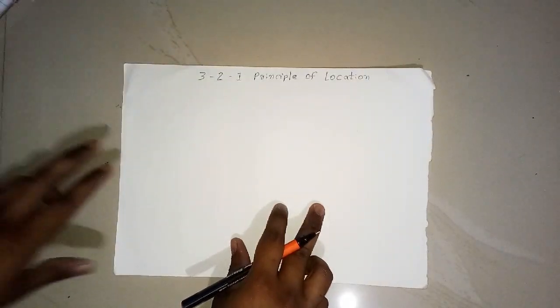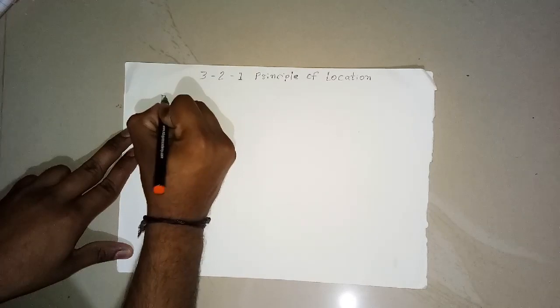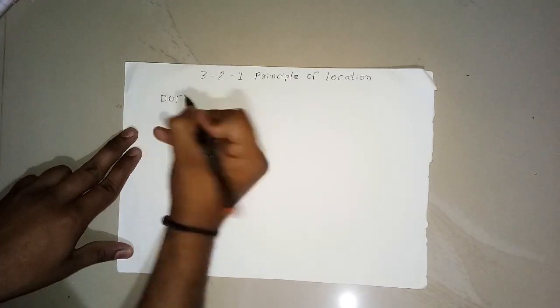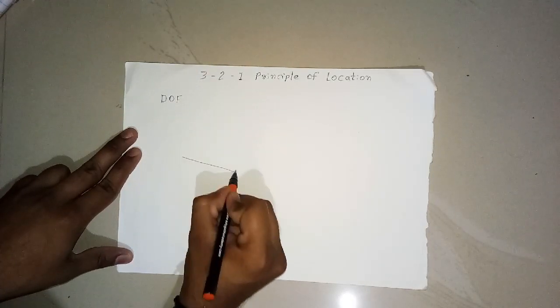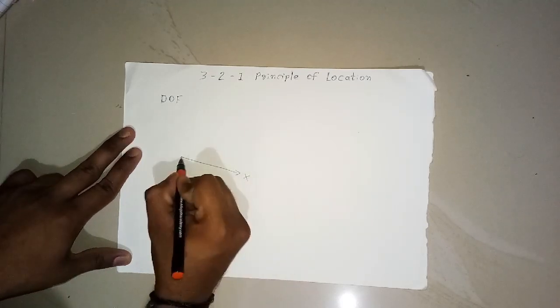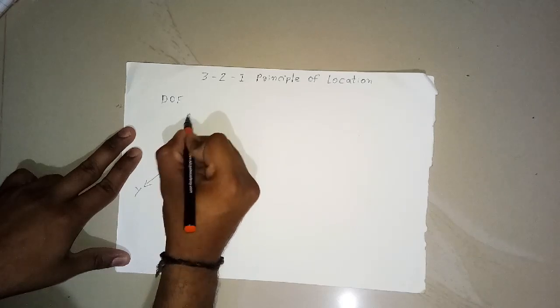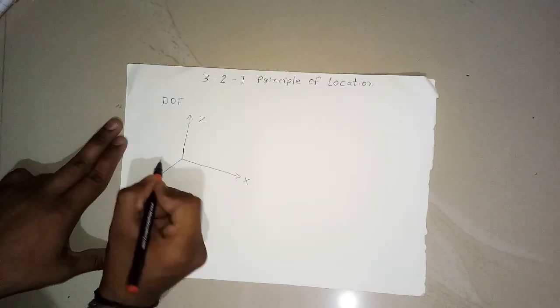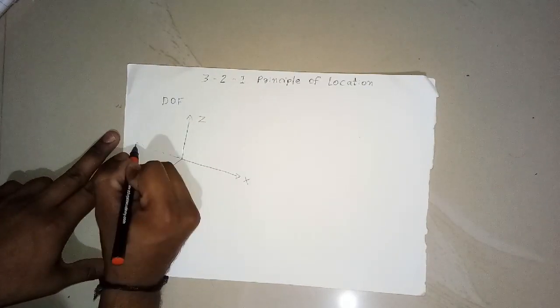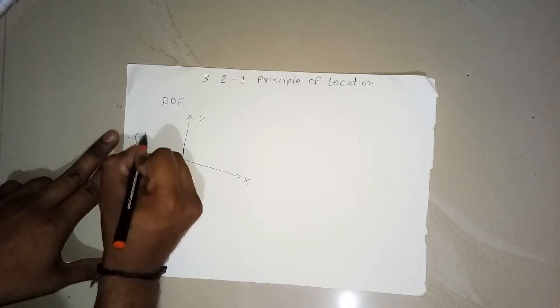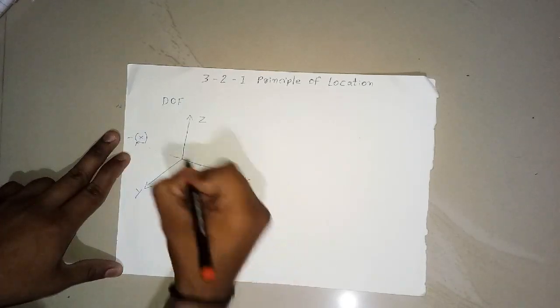First, we need to define degree of freedom with respect to x, y and z axis. This is negative x, positive x.